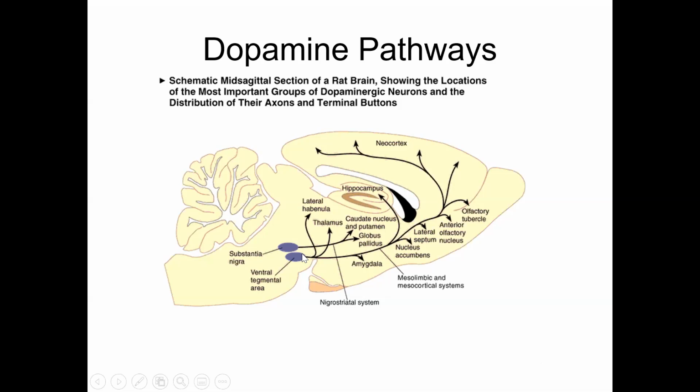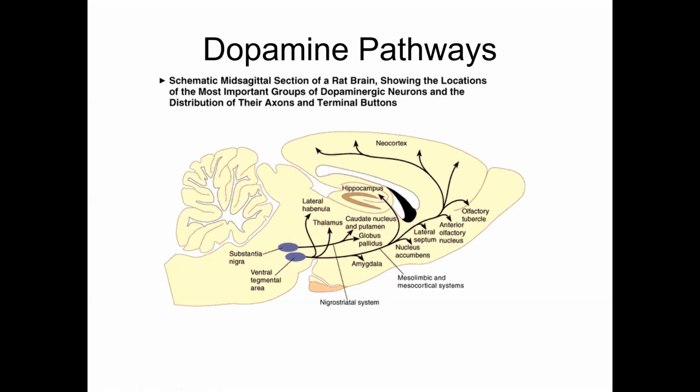The ventral tegmental area will project through a mesolimbic system to the amygdala, to the accumbens, to the hippocampus, to the septum, and then to the olfactory nuclei and the olfactory tubercle. The mesocortical projection of the ventral tegmental area goes up into primarily the frontal lobe and the neocortex.